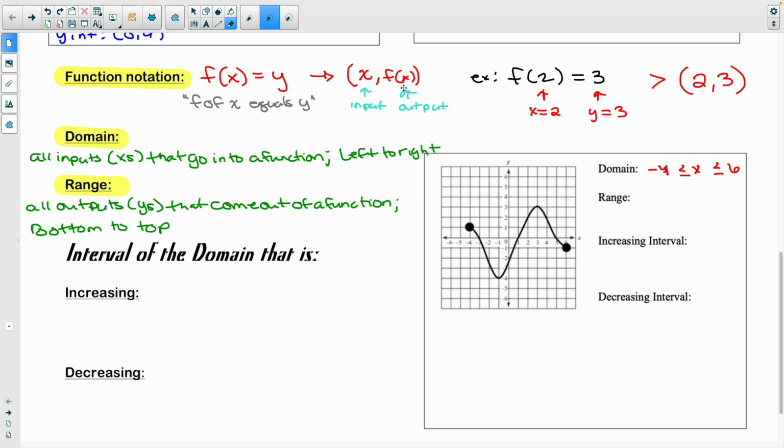Now, when we do the range, I know that the range is for the y value, so I'll go ahead and put the y values in the middle, and I want to read it from bottom to top. So I want to find the point that is the lowest on the graph. So not just these two dots here, I want to actually look at the actual graph and find the minimum location. So that was here.